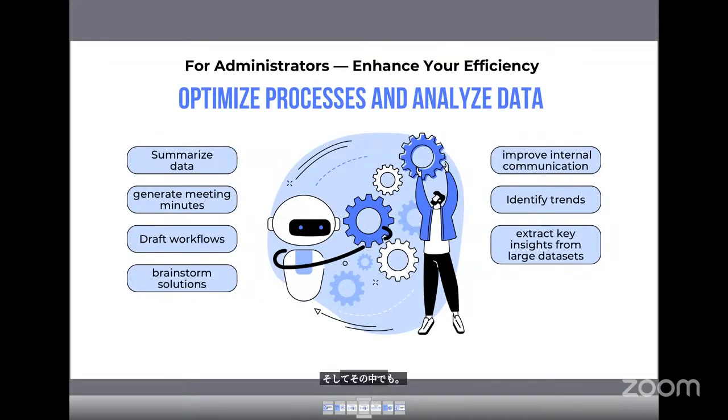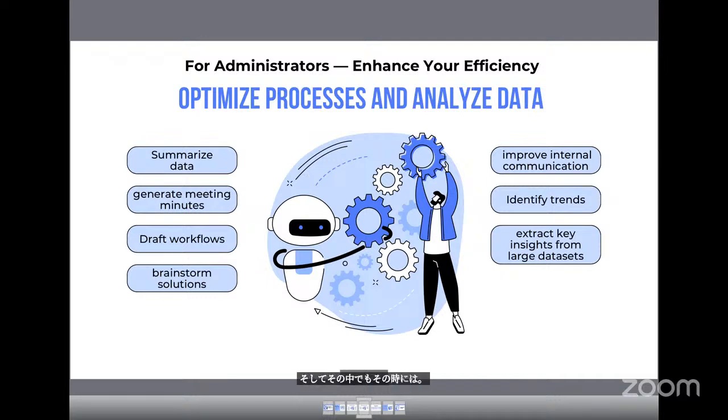And how can administrators benefit? For administrators, Gemini Advanced 1.0 Flash improves data analysis, reporting, and workflow optimization. For example, for report generation, summarize large data sets and create meeting minutes instantly.